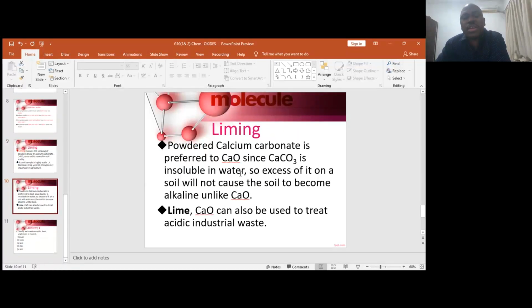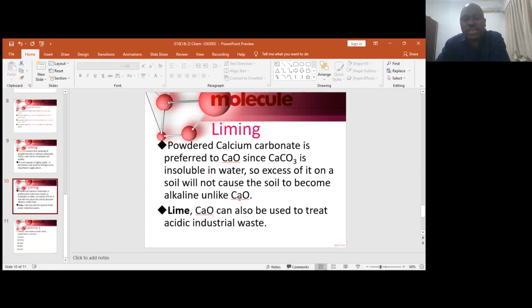Okay, look at what I just explained. Liming continued here. Calcium carbonate is preferred. This is very important. Calcium carbonate is preferred to calcium oxide because it is insoluble in water, so excess of it will not cause the soil to become alkaline, unlike calcium oxide. This is a very important IGCSE question.